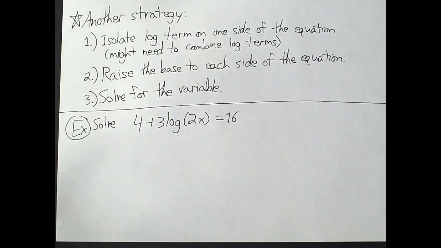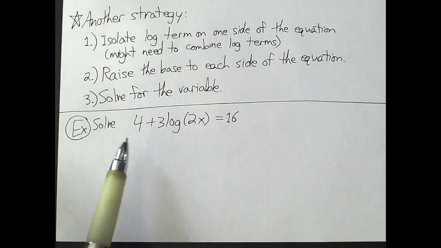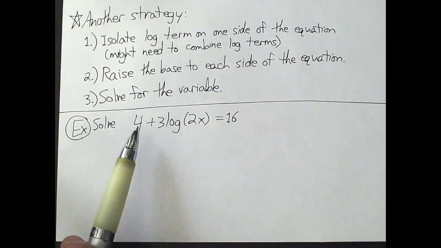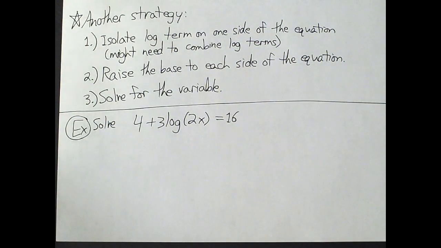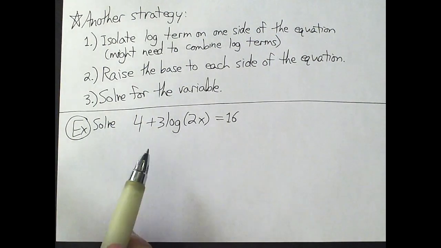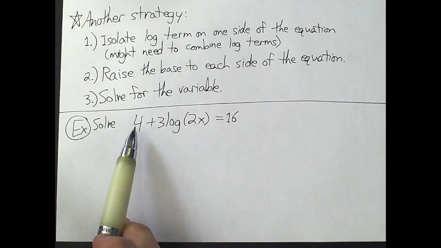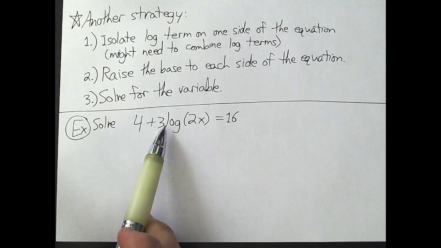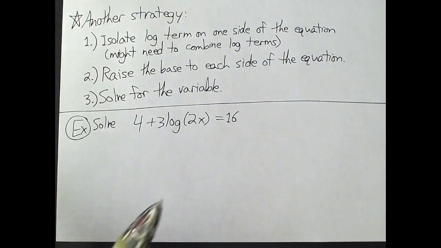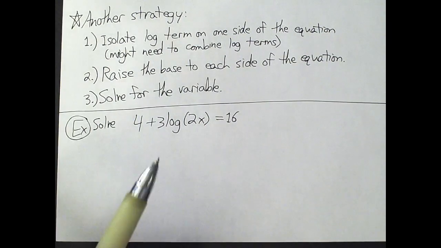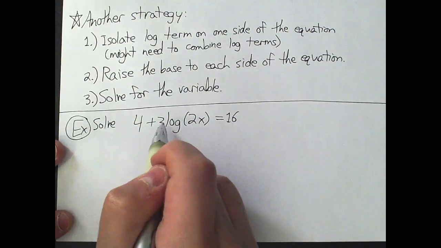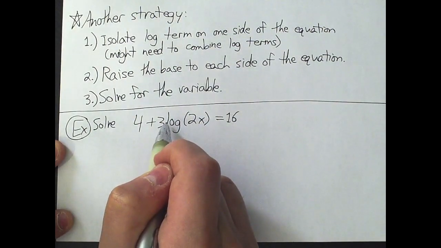By the way, before I go any further, quick note. I want to point out to you that it would be wrong to say 4 plus 3 is 7. Does everybody see why we can't do that? So 4 plus a 3. It's tempting to just say, oh, I see a 4 plus 3, just make it 7. That would be wrong because order of operations says this 3 is attached to the log.